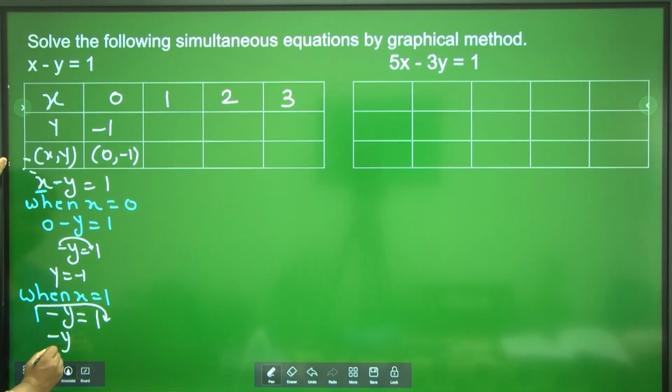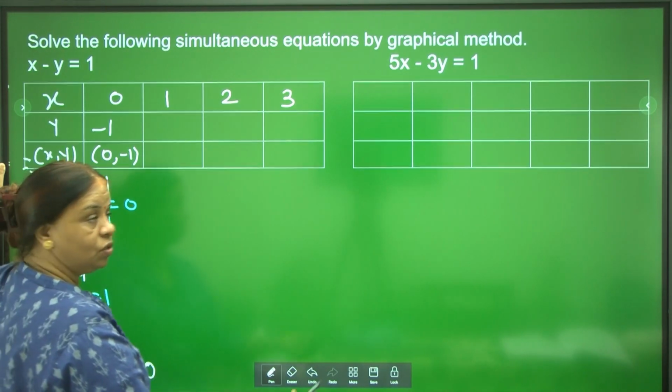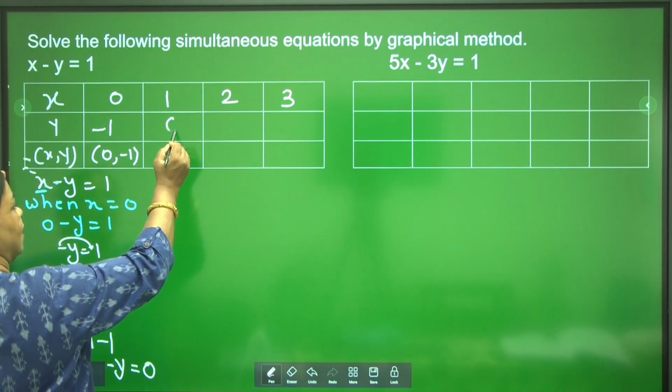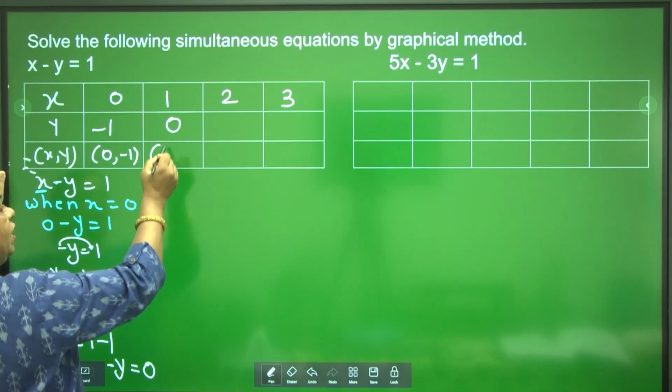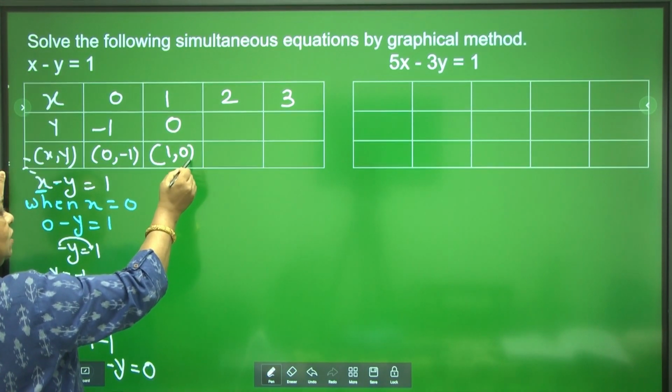So minus y is equal to 1 minus 1. The plus will come here and become minus. So what will the y value be? It is minus y equal to 0, but minus y equal to 0 means y is equal to 0. So we will get y is equal to 0 and your coordinate will be (1, 0).